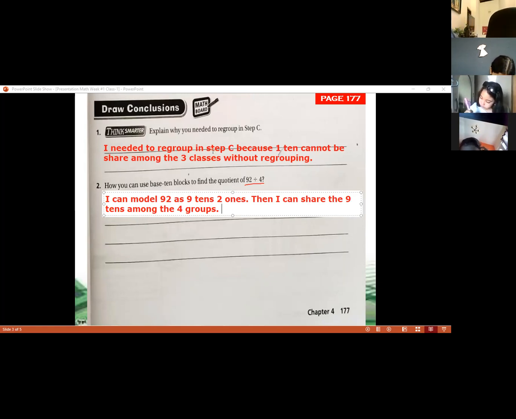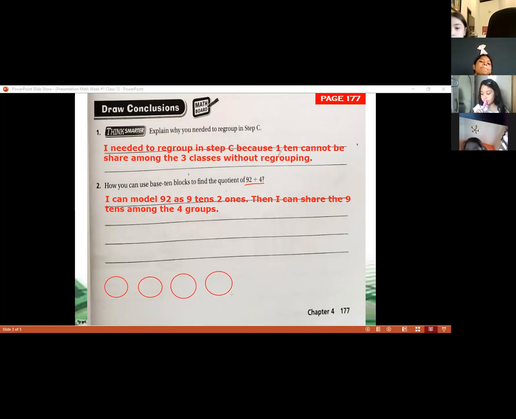Now, I'm going to make the representation here so you can understand this part. I have the 92 divided by 4, so I share 4 groups: 1, 2, 3 and 4 groups. And I say that I can have 9 tenths, so base 10 blocks. So let's draw here, like this is 10. I'm going to draw 9.